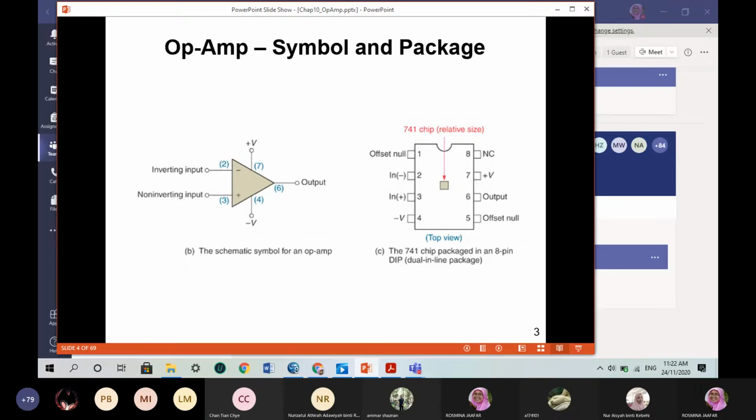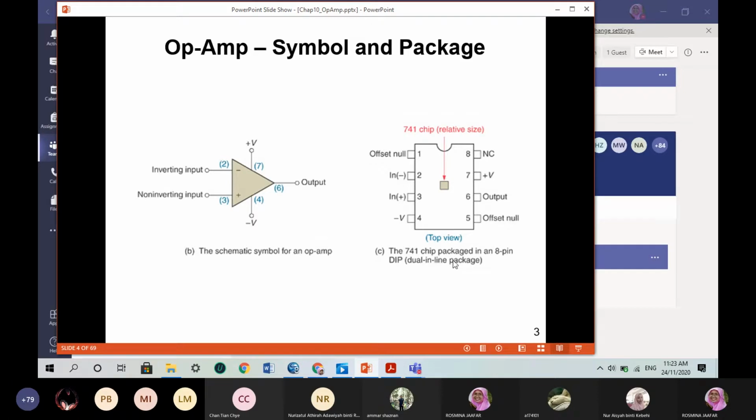So leg number 8 is just open. It is there to make the circuit stable, so that you have 4 legs on the left side and 4 on the right side. When you attach the Opamp, it is stable. If leg number 7 were missing, maybe it would not be stable because one leg is missing. So leg number 8 is just not connected, but it's there.